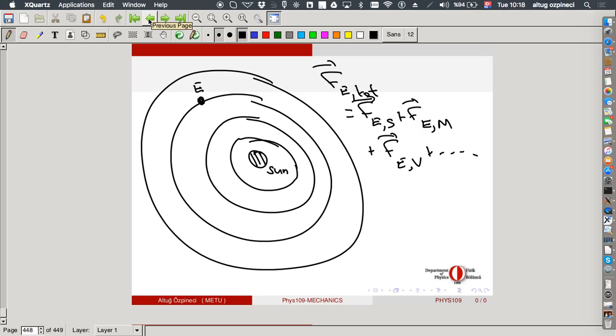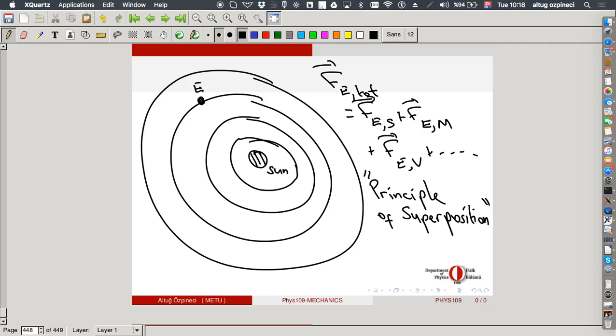By the way, before we pass on, this is what we call the principle of superposition. Which, according to Einstein's theory of general relativity, doesn't hold.